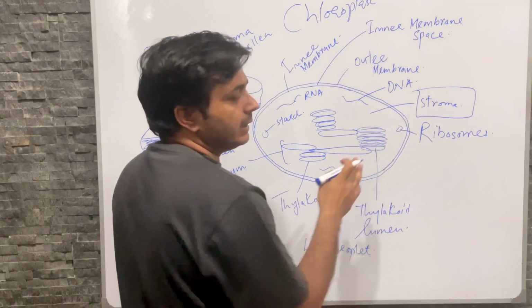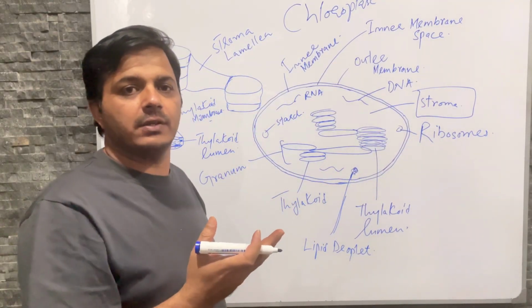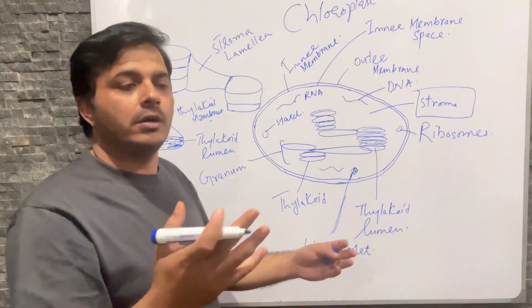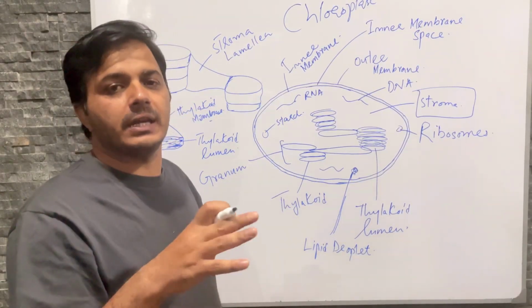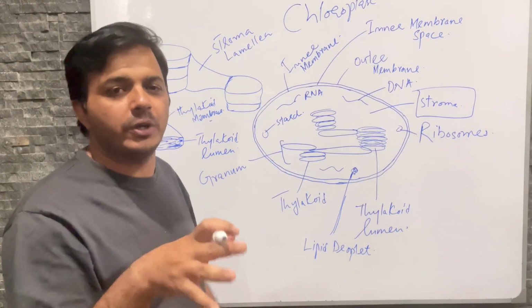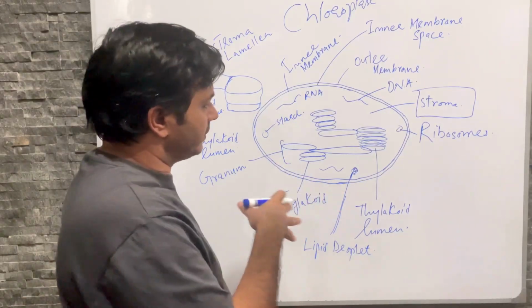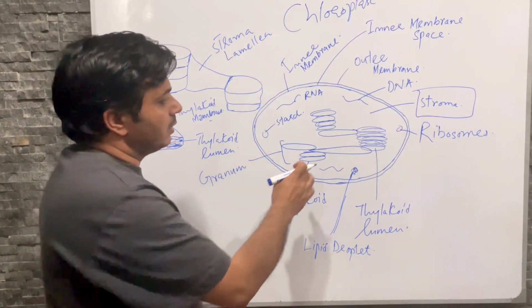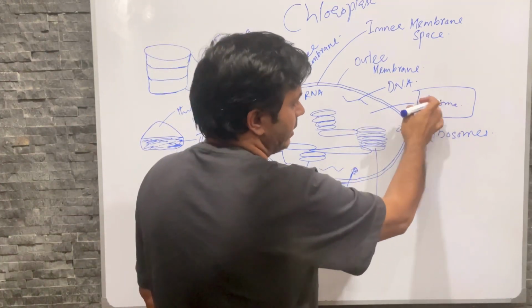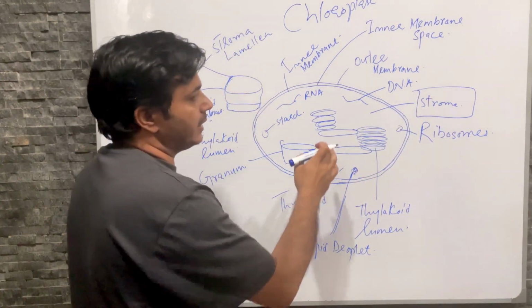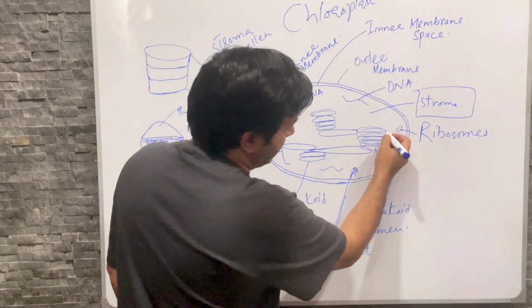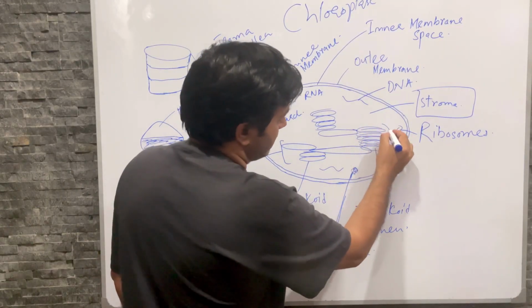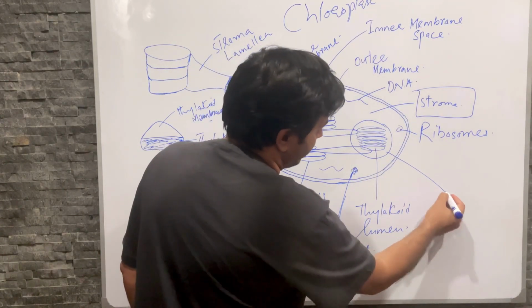So what is stroma? It is like the cytoplasm in the cell. It is just a matrix where all the proteins, amino acids, sugars and all other components of the chloroplast are present. So the stroma is a kind of cytoplasm of the cell. Then we have these stacks which are called grana.